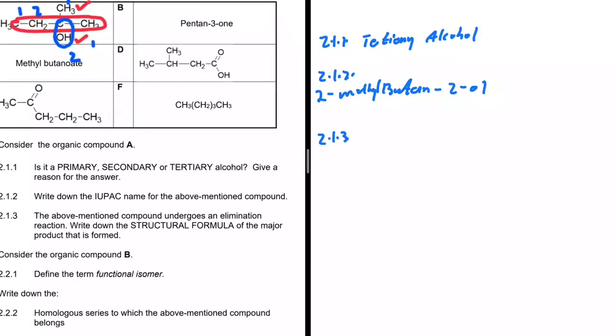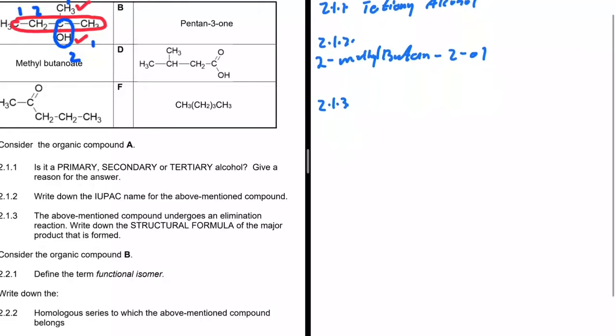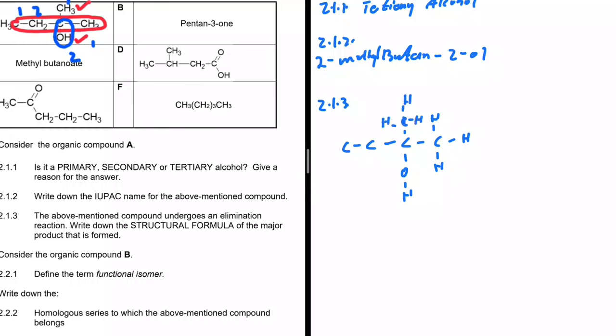2.1.3. The above mentioned compound undergoes an elimination reaction. Write down the structural formula of the product that is formed. Let me just write that structural formula without condensing it. So this is OH, and then hydrogen. Here we have a branch, so let's put that there. And then elsewhere we have hydrogens.